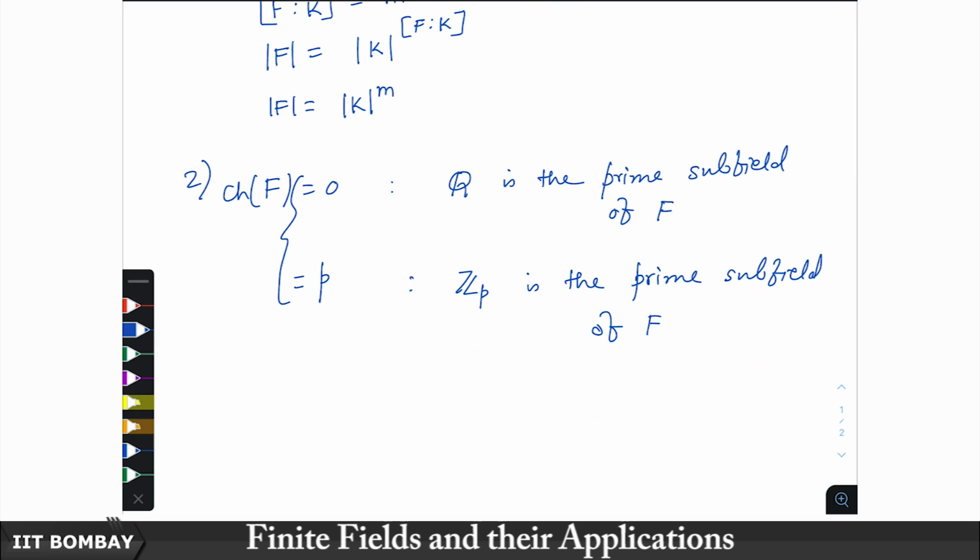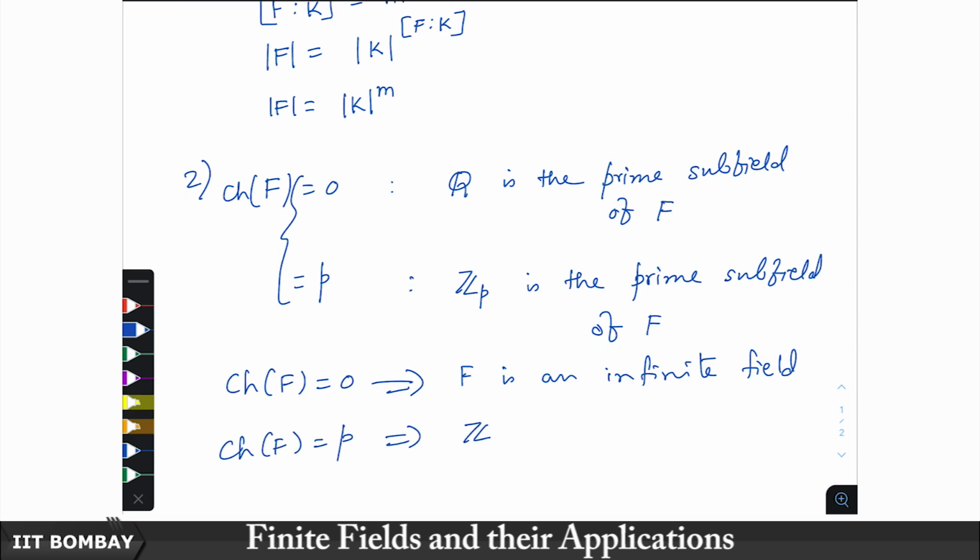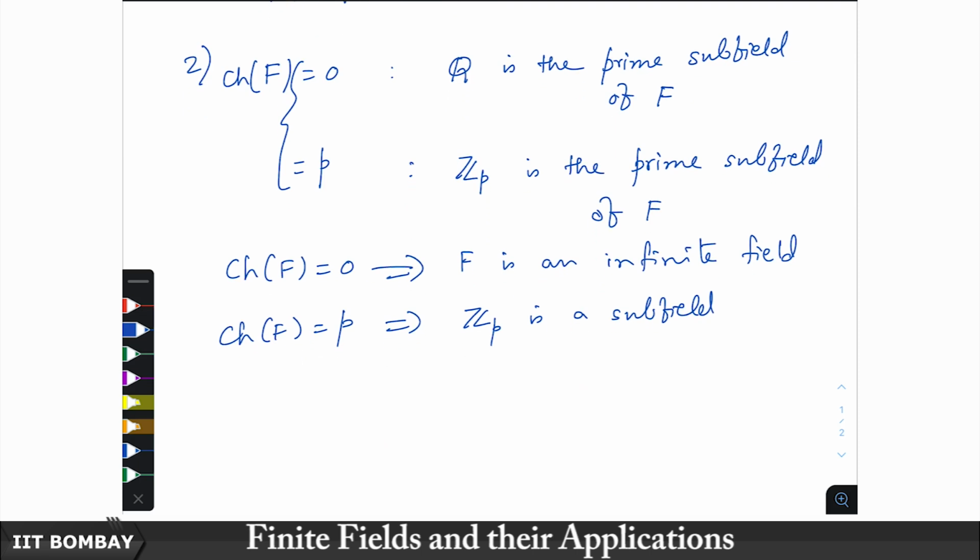Now, in the first case, clearly if the characteristic is 0, this implies that f is an infinite field, because the set of rational numbers is a subset. Whereas if the characteristic is a prime number, then it means Z_p is a subfield, and f can be a finite field in that case.